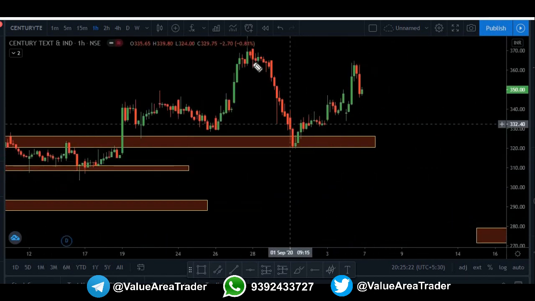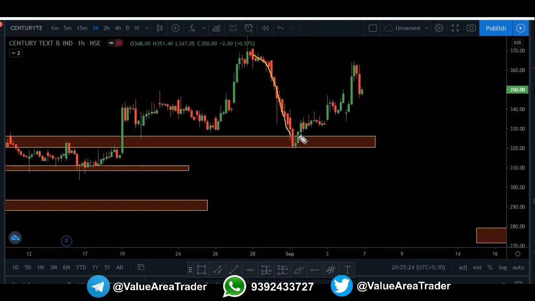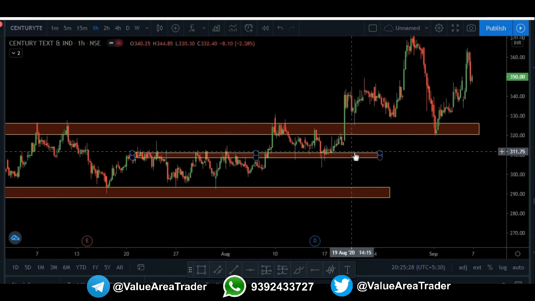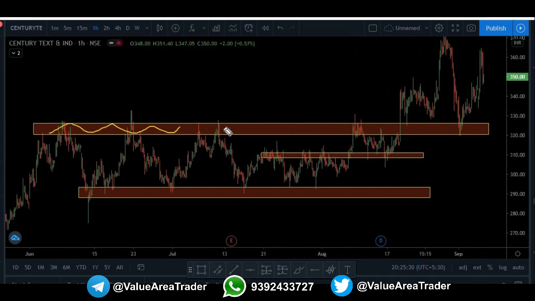And further, once the price comes back here, again at the same area the demand comes, because what was previously a supply zone, once it is broken through, becomes a demand zone. That is the best part of these zones.